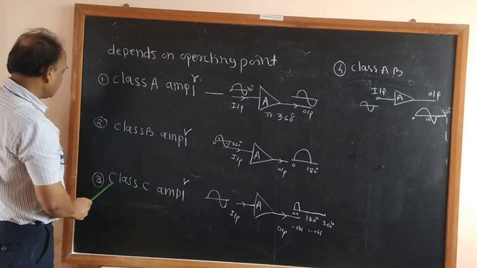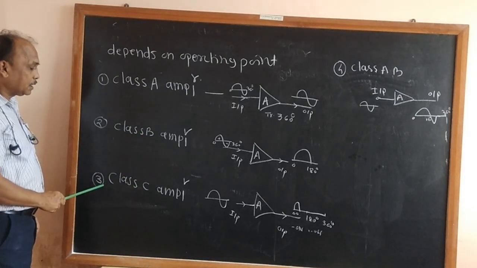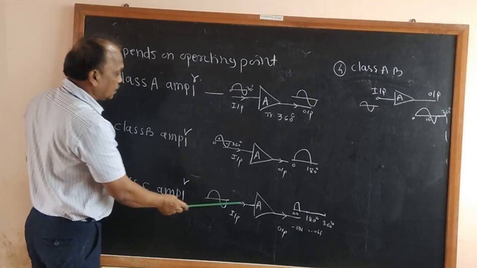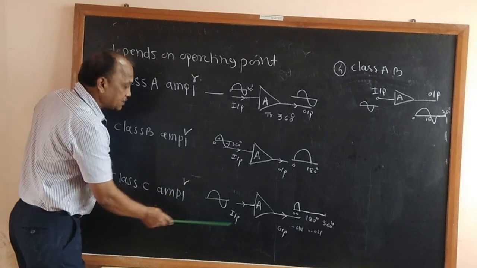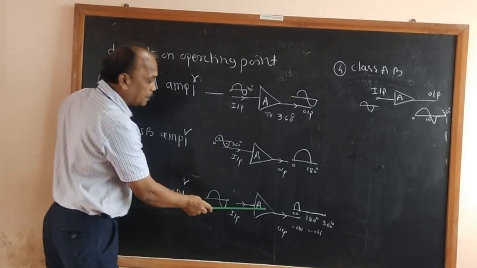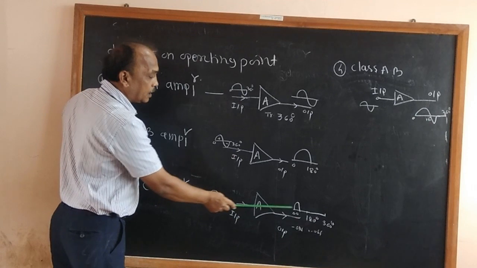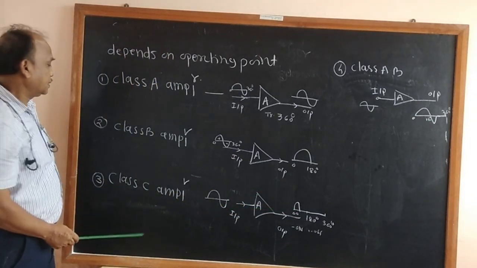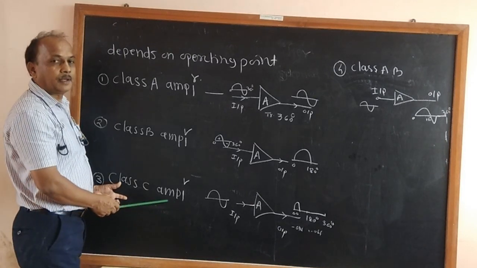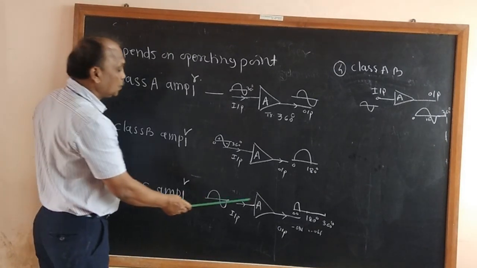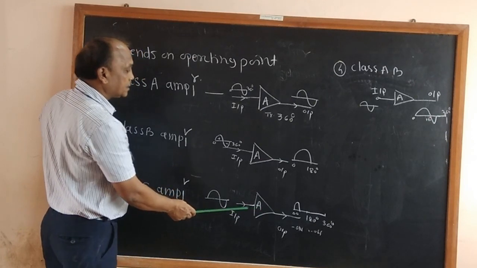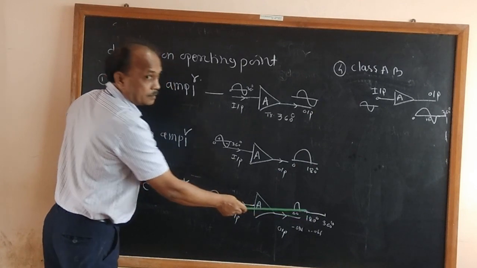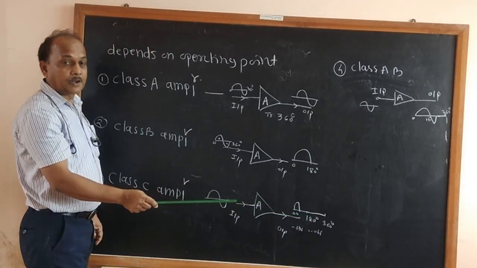Now we have to study the third amplifier. The name of this third amplifier is the class C amplifier. Here again we have the input sine wave signal applied to the amplifier, and here the output signal. Now the definition of a class C amplifier: it is an amplifier in which the transistor conducts for 0 to less than 180 degrees duration.